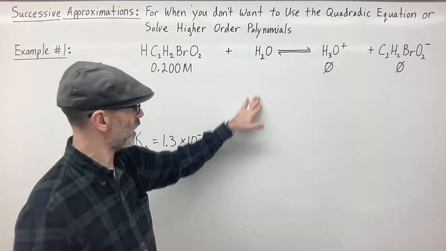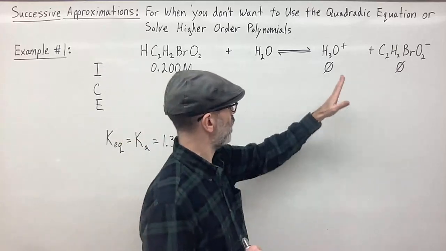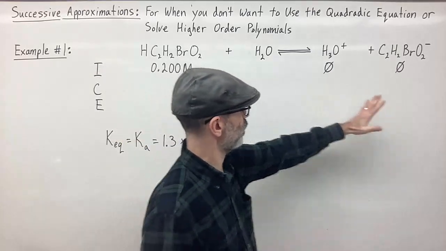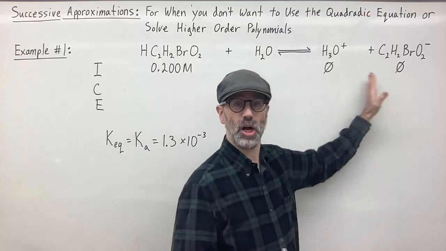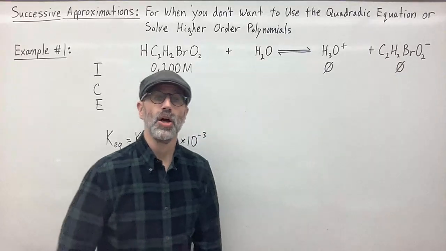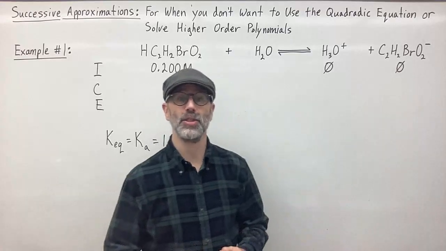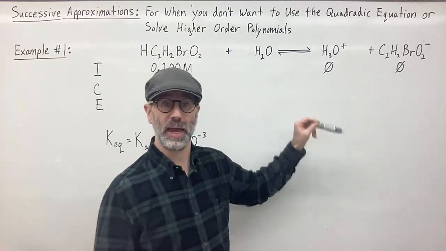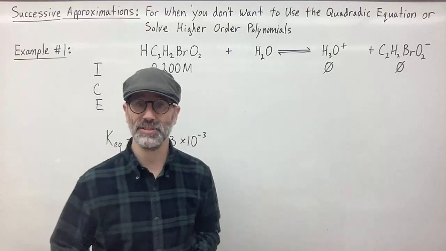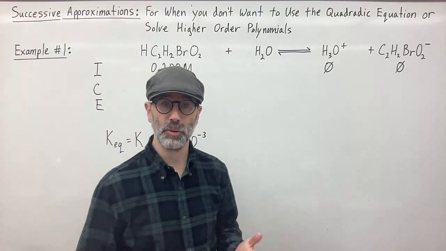So we're not really going to do anything with the water. Here we have hydronium, and these are aqueous. We start with zero amount of those. So because we have zero products, we know that it's going to shift in this direction to make product, since you can't have zeros at equilibrium.